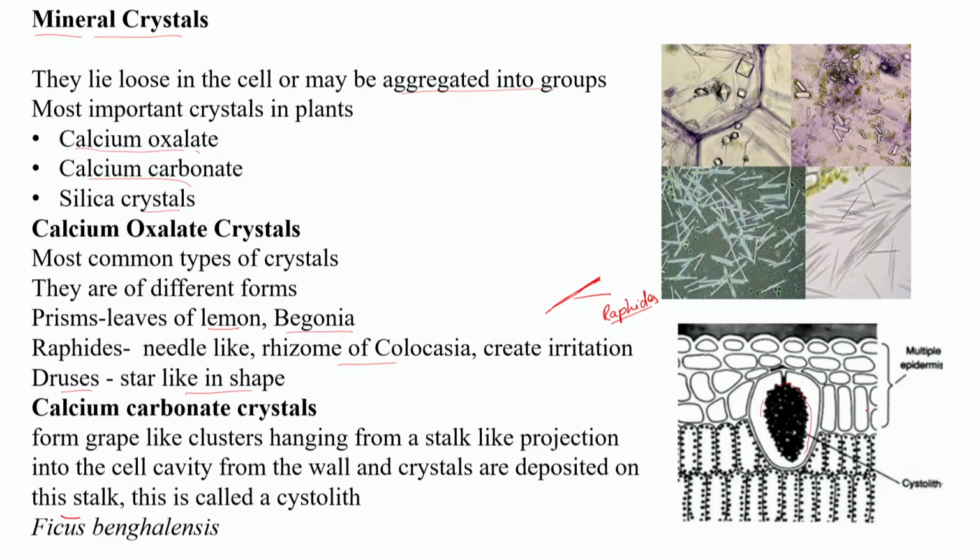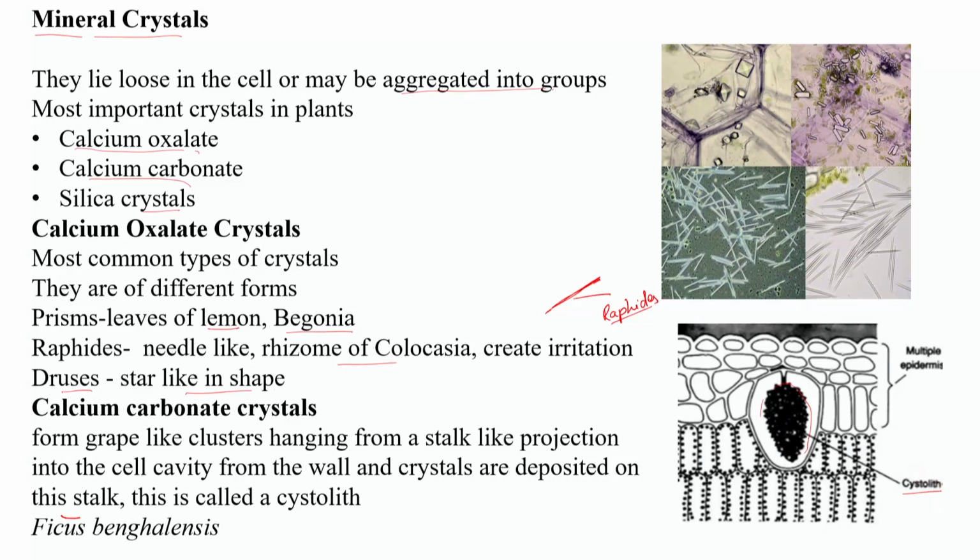That cell enlarges, okay, and in it that grape-like aggregate of crystals is found. That aggregate is known as cystolith. And we can see here that on the outer epidermal layers, generally this type of cystolith is present. This type of deposition of inorganic compounds is also seen in many plant types.